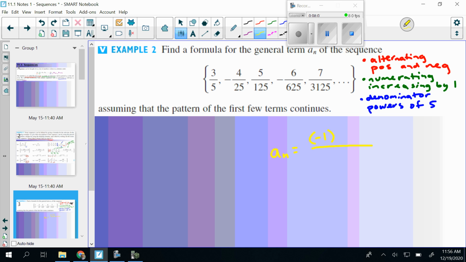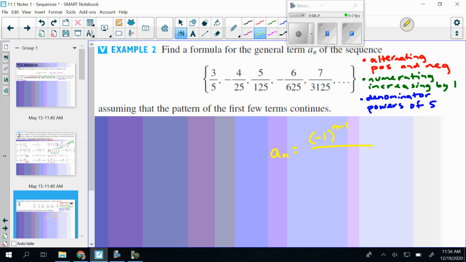So let's say we did it just as n. If we put 1 in as our first one, that's not going to make it positive. Negative 1 to the first power is going to be negative. So we want to add either a plus 1, or I think minus 1 would also work, because if we put 1 in now, 1 minus 1 is 0.